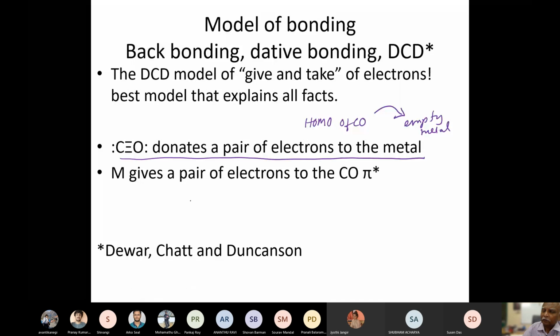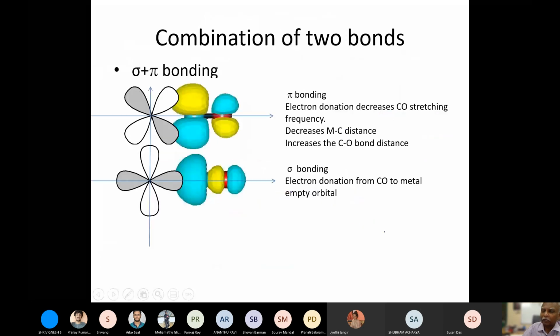And the metal in turn gives from its HOMO, which in an octahedral system turns out to be the T2g set of orbitals. From there, it pumps electrons into the CO pi star. This kind of give and take was proposed by Dewar, Chatt, and Duncanson, so it's called the DCD model of bonding.